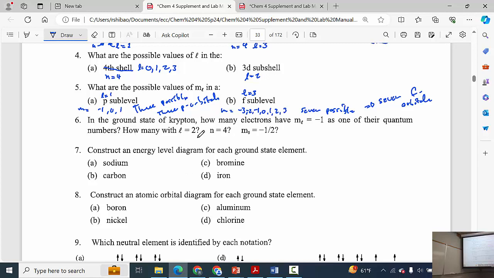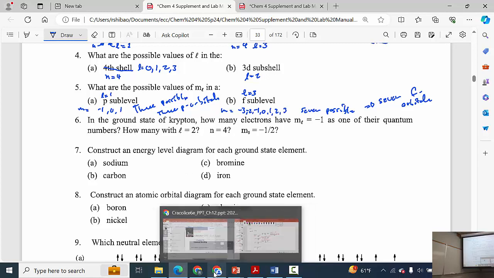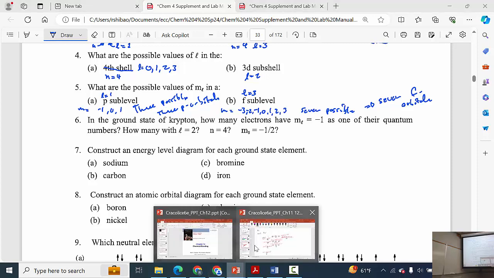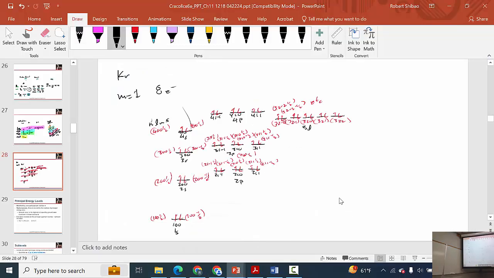How many electrons will have L equals 2? Tell me how many electrons will have L equals 2. It's kind of close. How many electrons? 30?